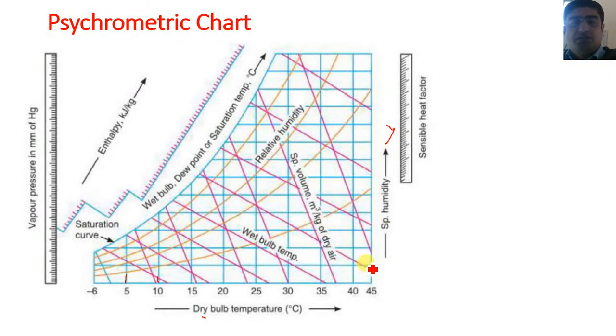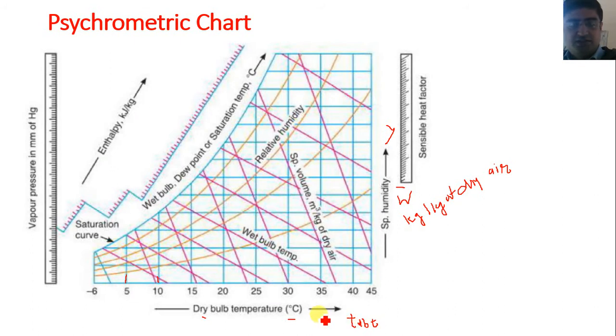And all the horizontal lines indicate the value of specific humidity in kg per kg of dry air. The specific humidity is shown by the symbol capital W, and the dry bulb temperature is given by T with suffix dBT, dry bulb temperature.